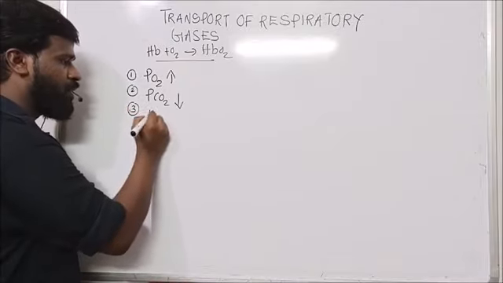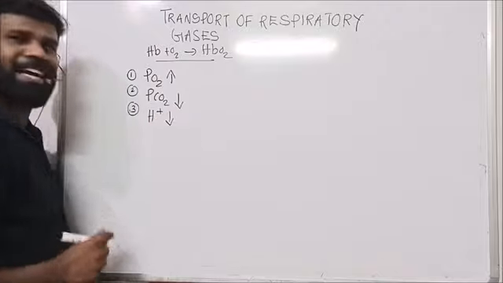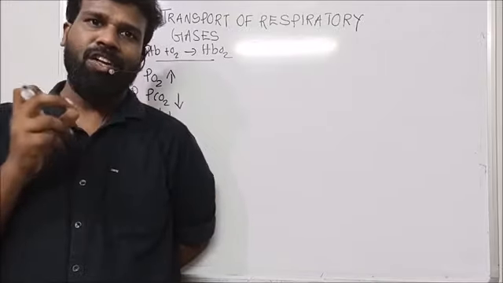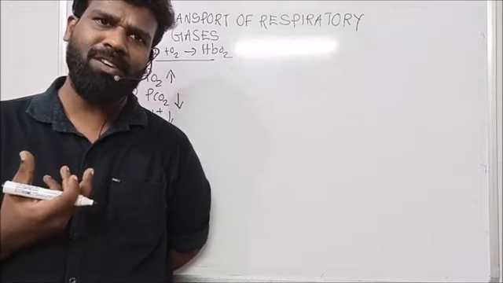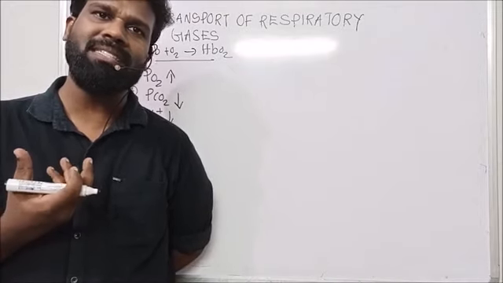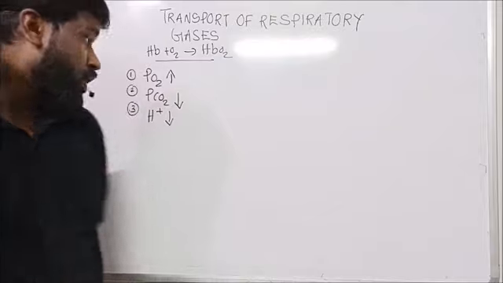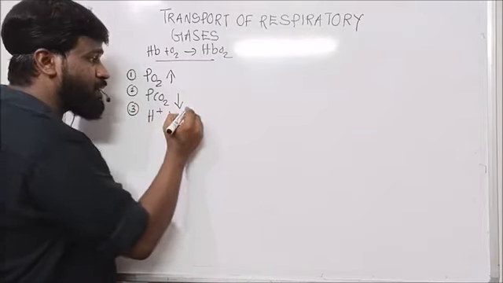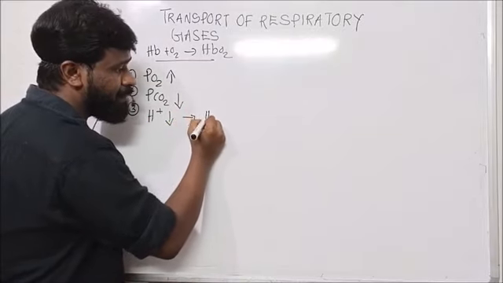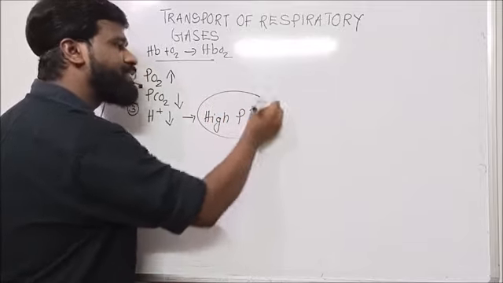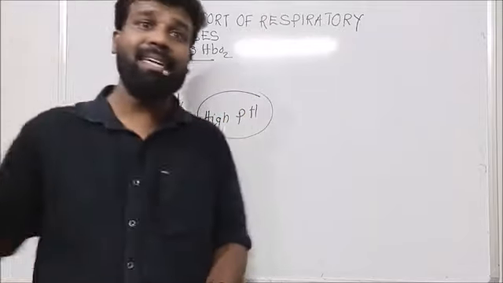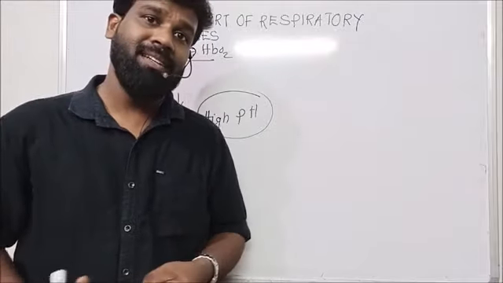Then low H plus ion concentration. H plus ion, the hydrogen ion concentration, represents the pH. Low H plus ion concentration means the pH is high, more than 7.